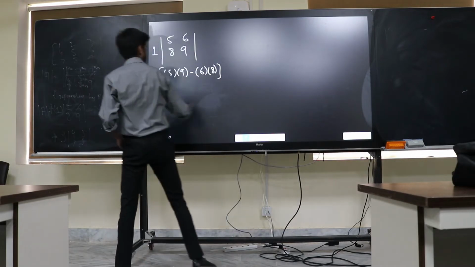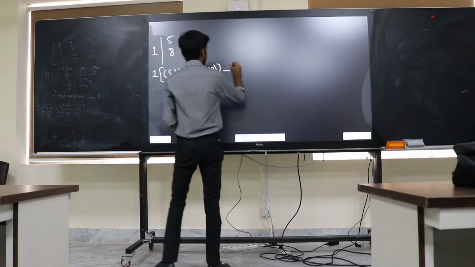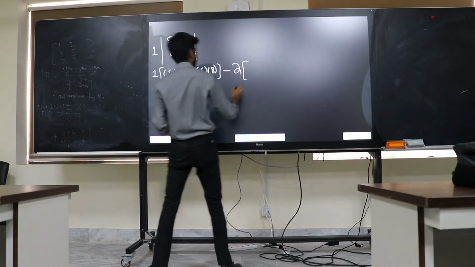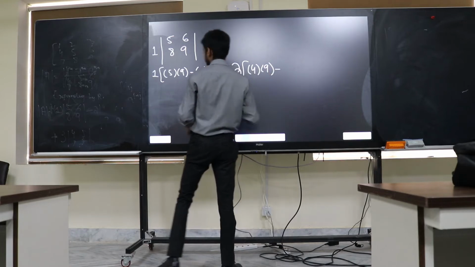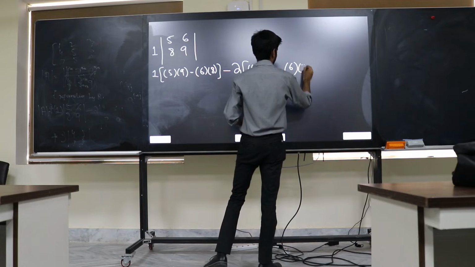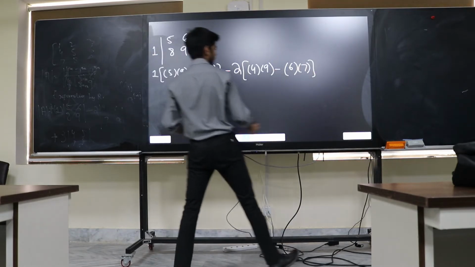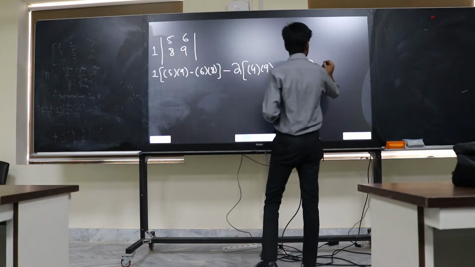Next we have a minus sign here, so we will put a minus sign here, and the next matrix is multiplying by 2. So we will write 2 here and the next matrix, it means we will multiply 4 by 9. We will put a minus sign here, and then 6 by 7. After that we have a plus sign here, so we will put the plus sign here, and we have 3 to multiply.